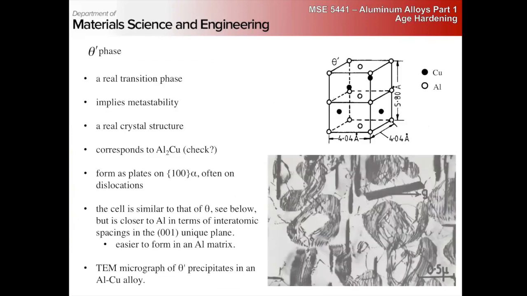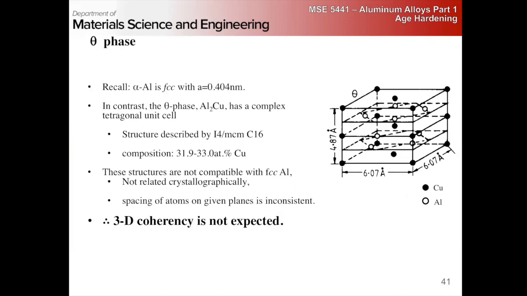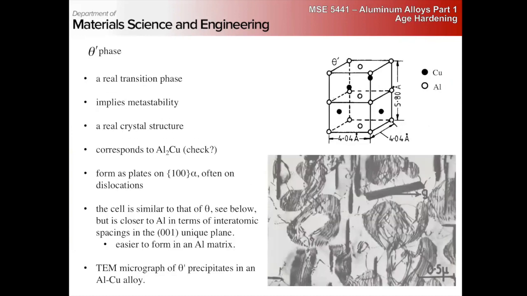I do not expect you to know the crystal structures of these intermediate phases; you can look that stuff up. General trends are that you get less coherent and bigger unit cells as you go from the intermediate phases to the equilibrium.